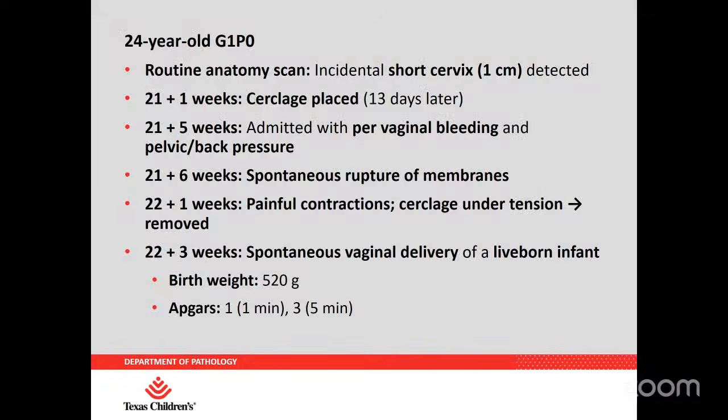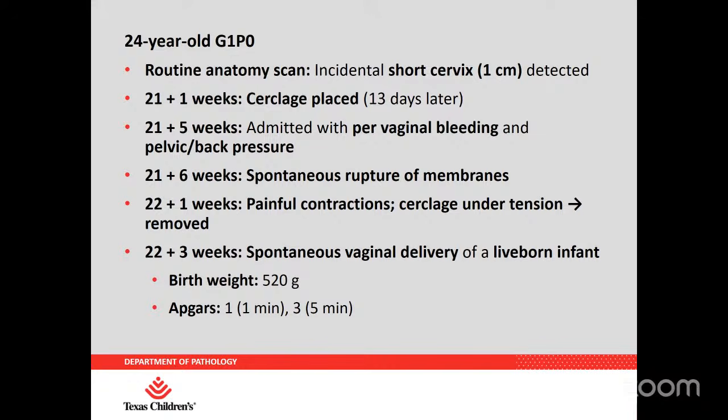So this case involves a 24-year-old primip who had a cerclage placed for cervical insufficiency that was detected incidentally at her routine anatomy scan. Despite intervention, however, she returned with PV bleeding, followed the next day by spontaneous rupture of membranes.